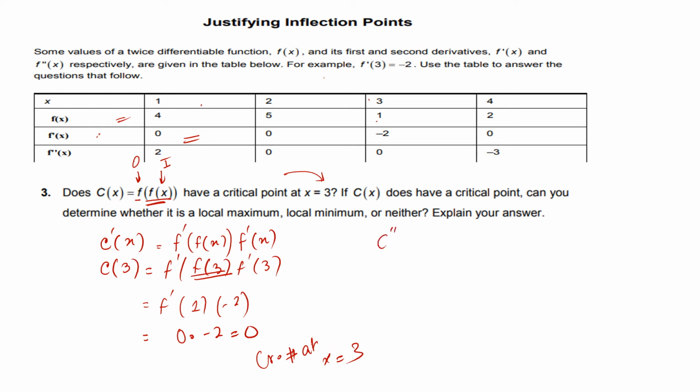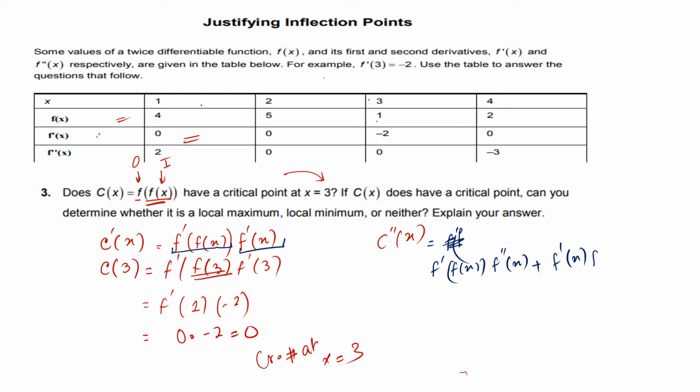Now take the second derivative of the function. So again you have to apply the product rule, the first function and the second function. Write the first function, f prime of f of x, as it is. Take the derivative of the second function, which will give you f double prime of x. Write the second function as it is and take the derivative of the second function.